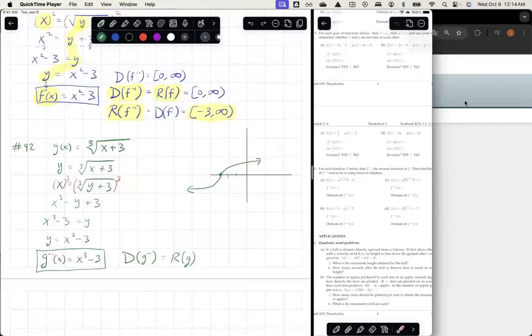You can see that the function goes down and to the left, and then up and to the right. It's not increasing very quickly, but it does continue to increase as it goes further and further to the right. So the domain of g inverse is the range of g, which is negative infinity to positive infinity.